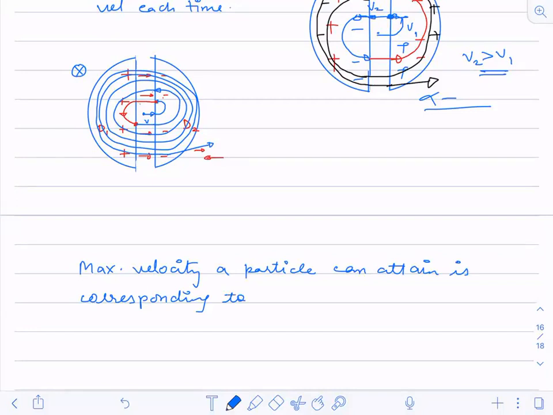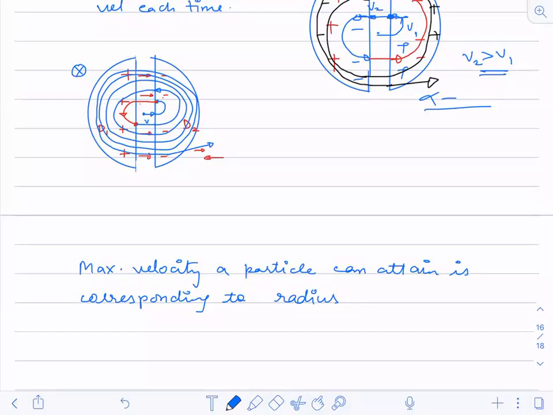Radius of the D. It is corresponding to the radius of the D, because every time the radius is increasing, and once the radius becomes equal to the radius of the D, what will happen? It will go beyond the D. Okay, then that will be the maximum velocity.